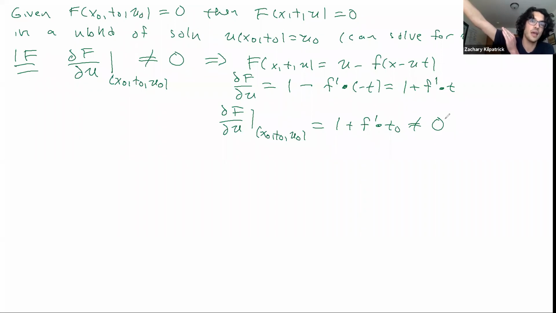You need something else to give you that. But for sure, if this condition is violated at the initial condition, you're done. You can't get a solution to your initial value problem.